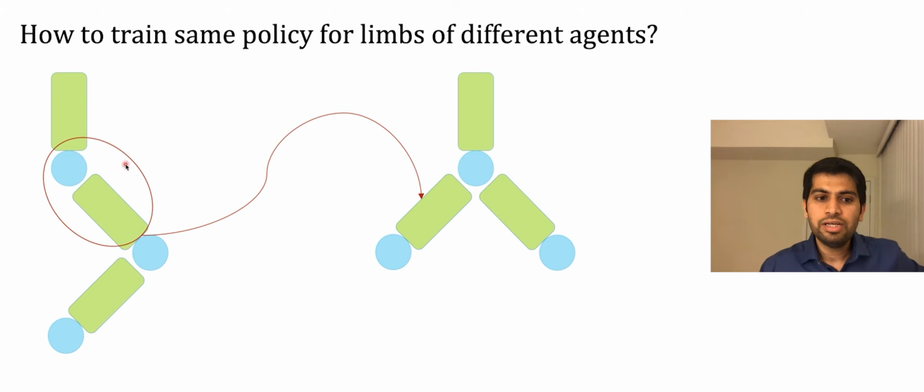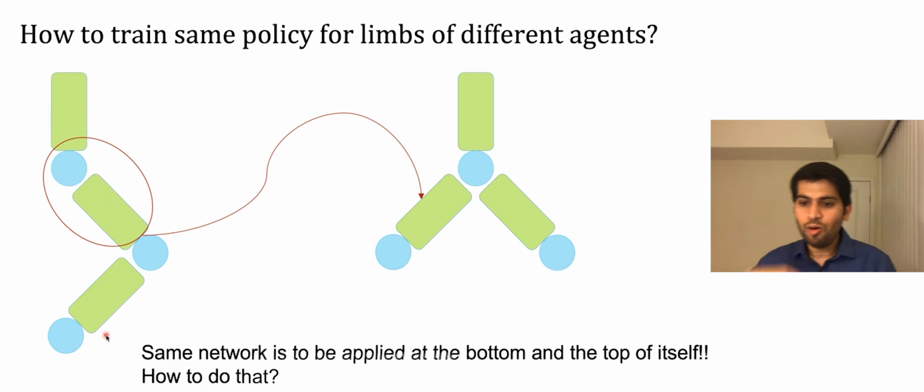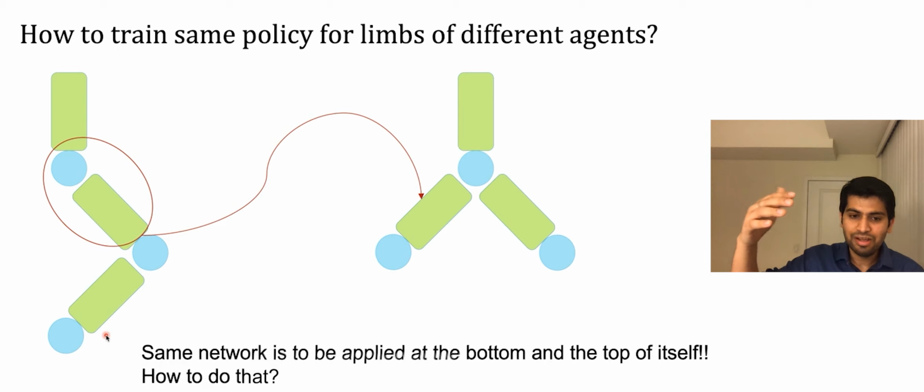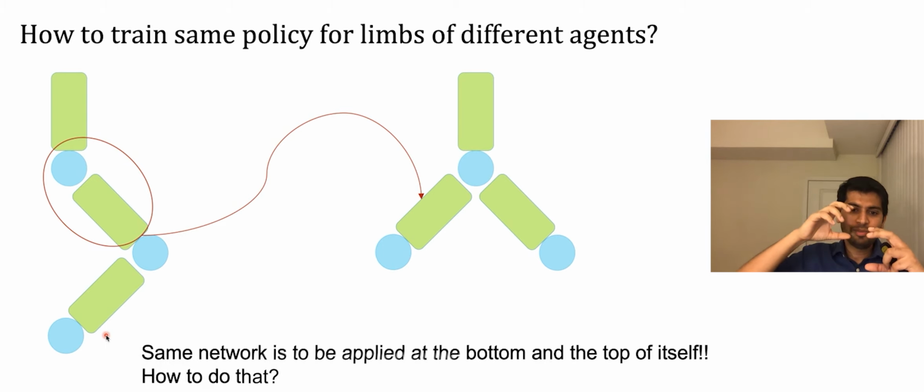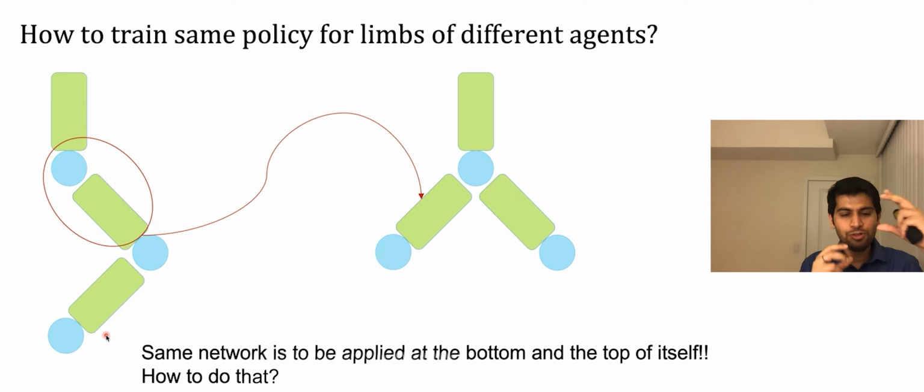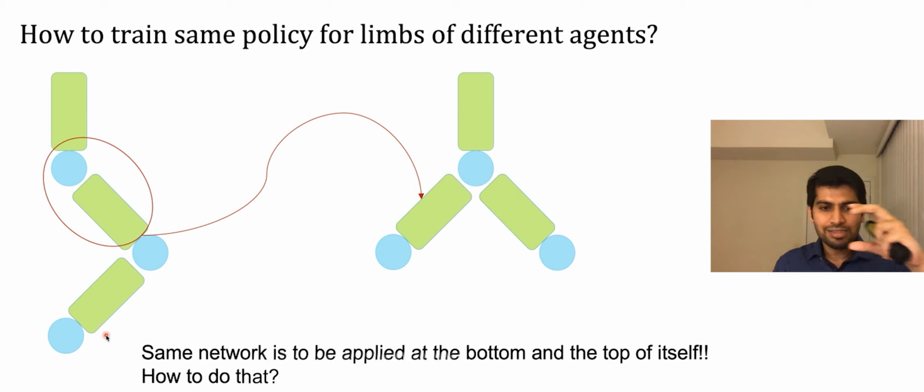So you have a policy network on top of it as well as at the bottom of it, right? And you want the flexibility to arrange them in arbitrary ways, correct?